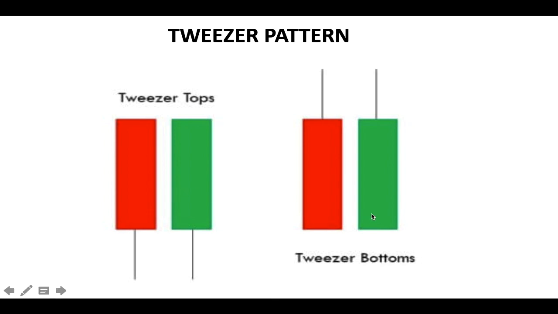All right, so with your tweezer bottoms, it's a bearish pattern. All right, so the bulls tried to bring the price all the way up to this point. There's been a rejection by the bears, brought the price and closed around this point. All right. Again, the next session, the bulls tried to bring the price all the way up to the same point.